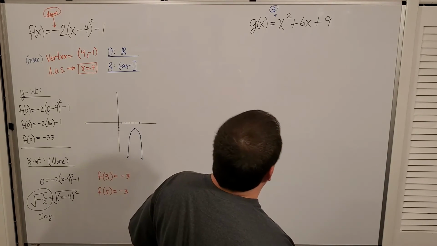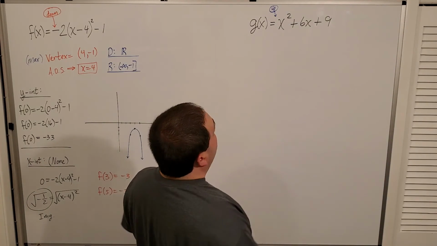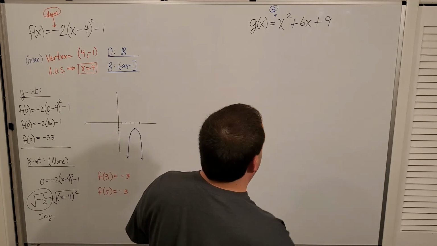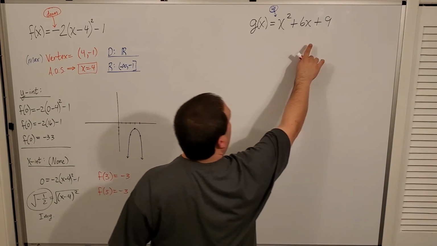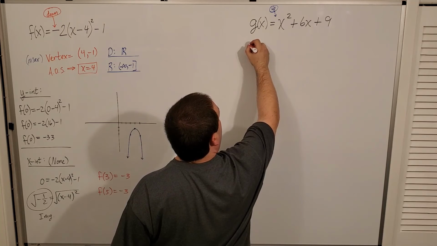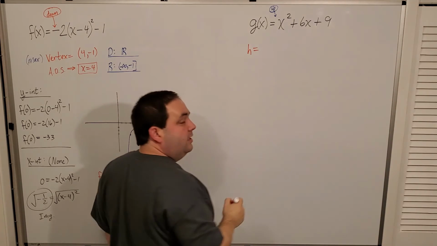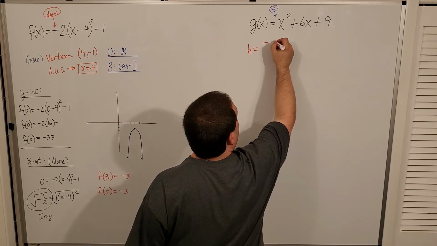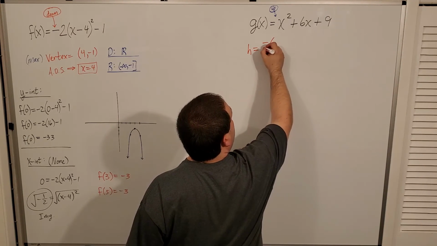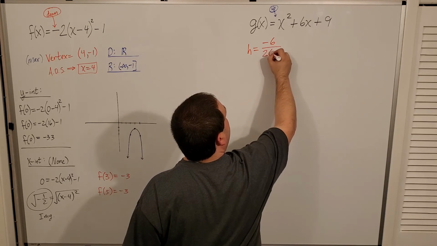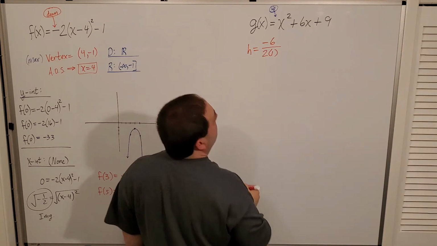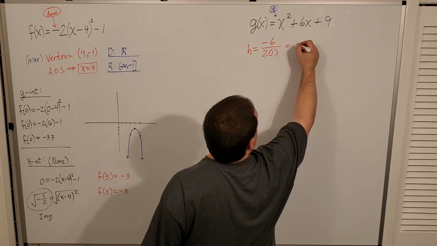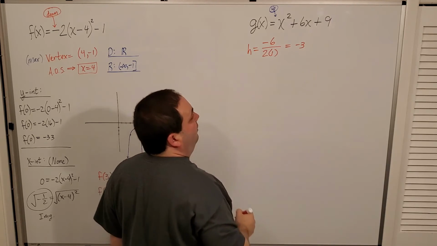Okay? Next, I'm going to compute my vertex, but I'm in general form, remember, so I'm going to start by doing the h calculation first, which is going to be negative, the b value here is 6, divided by 2 times a, which is 1. So this gives me negative 3 for my h value.